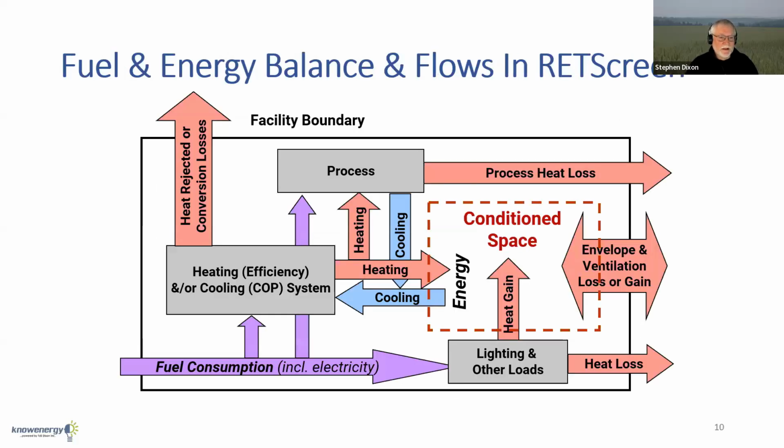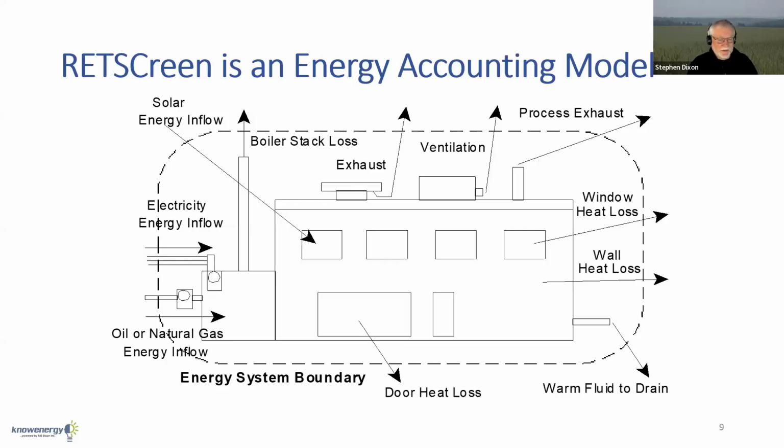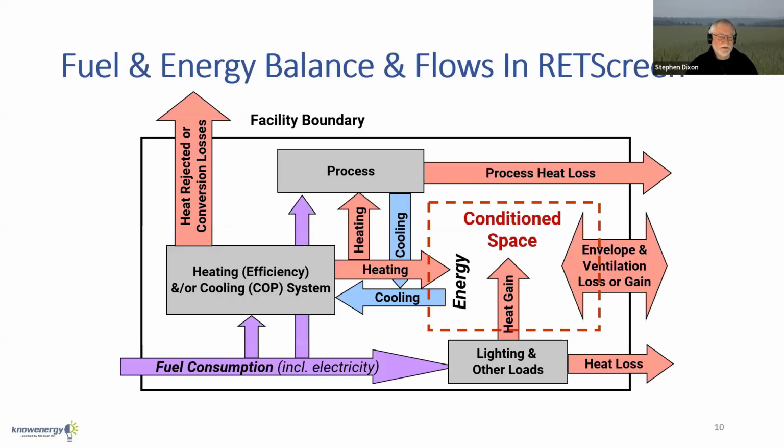So the model underlying this is a pretty simple picture, right? The model underlying all this in RETScreen is represented by this picture here. For those that have taken some of the more detailed RETScreen courses, you have seen this before. But basically what this does is allows us to see where fuel goes. What is fuel? Fuel in RETScreen's definition, and maybe I should have defined this in words on the slide, is anything that enters the system that you purchase. So electricity and natural gas today are going to be the fuels we're dealing with.